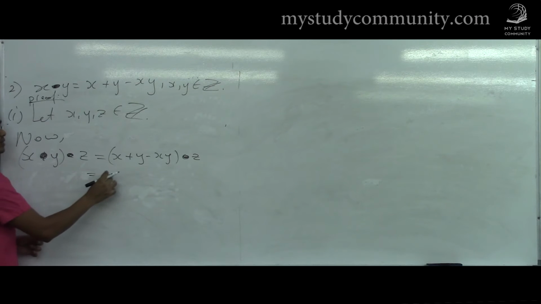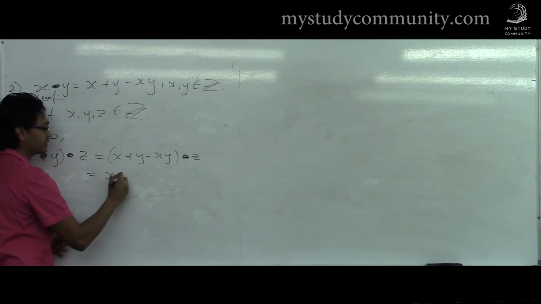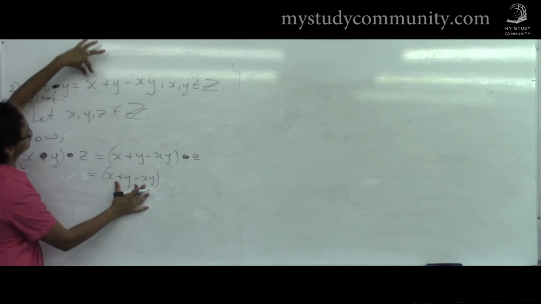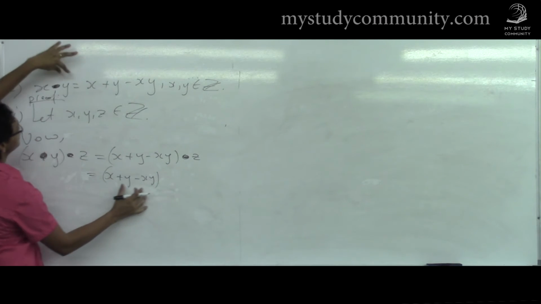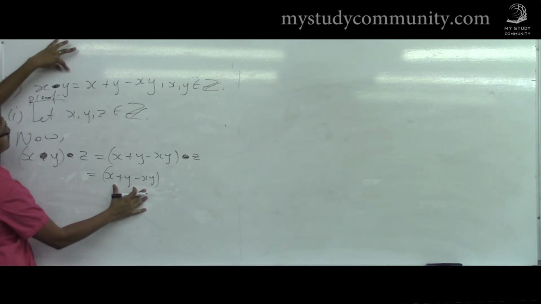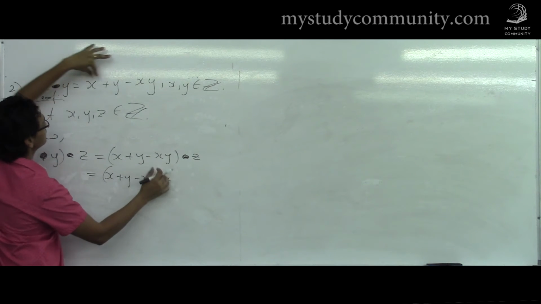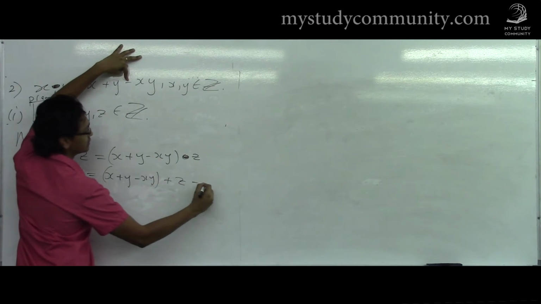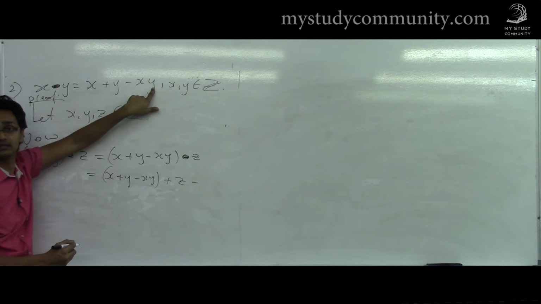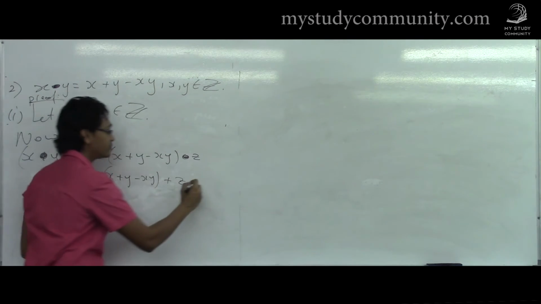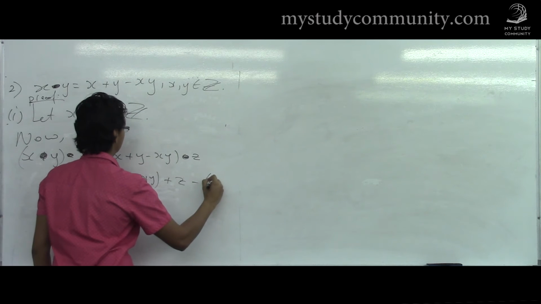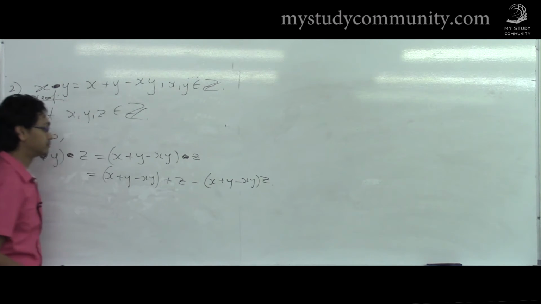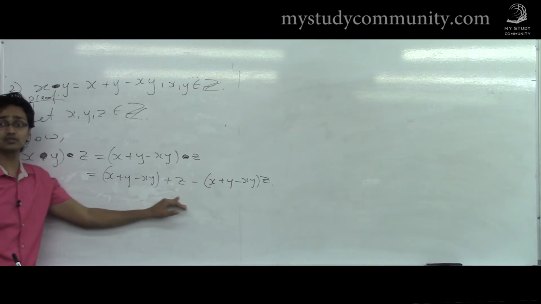So this is the first element, which is this entire bracket here, plus my second element, in this case it's z, minus the product of the first by the second. So the product of the first by the second is x plus y minus xy by z. And then I simplify this as much as possible.